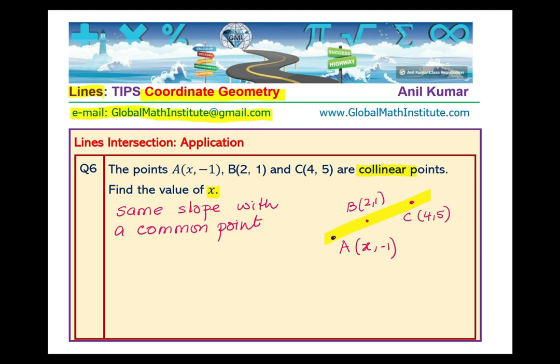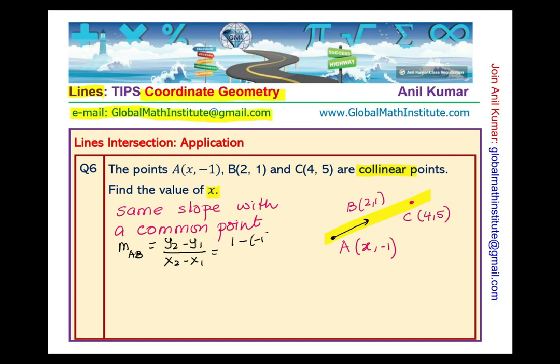So we can have slope from A to B, we can say m AB, which definitely is y2 minus y1 over x2 minus x1. Y2 value being 1 minus y1, which is minus 1, over x2, 2 minus x. So that becomes one slope, right?